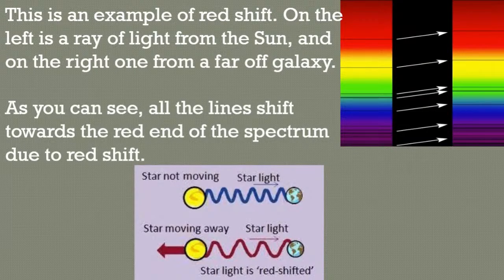There are some exceptions, and we'll get to those in a second. But when we find light from a star, we look at those absorption lines, or the absorption lines in this case, and the absorption lines are shifted. If they're shifted toward the red end of the spectrum, that tells us that whatever generated those lines is moving away from us.